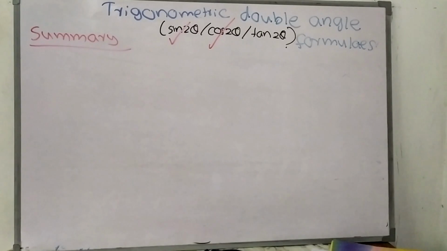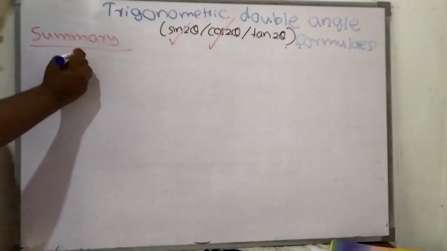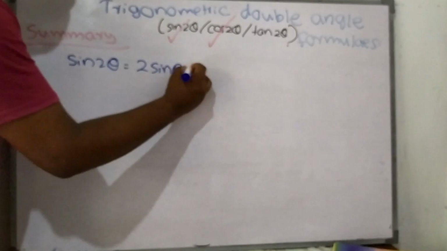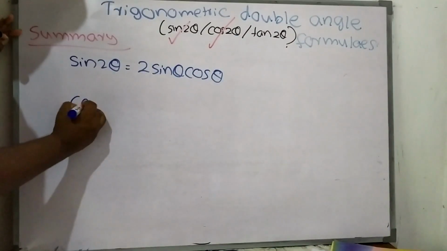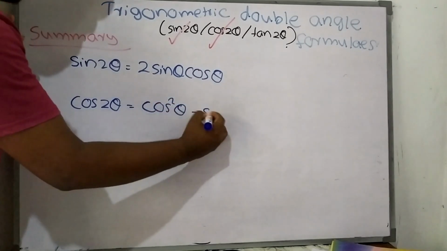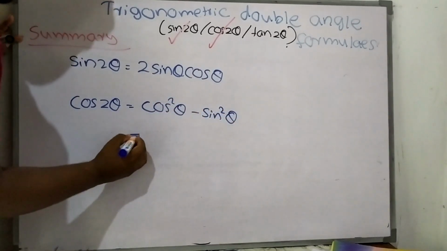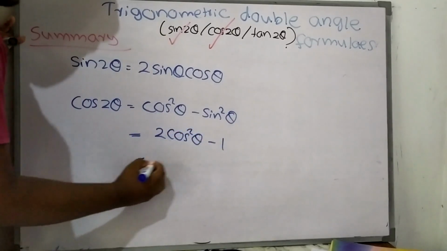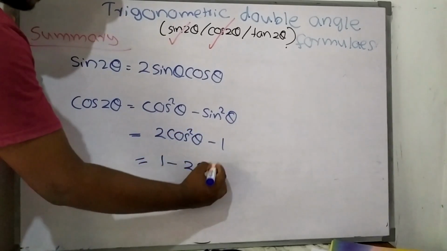Okay, then let's make a summary of the trigonometric double angle formulas. The first is sin 2 theta, which is 2 sin theta cos theta. The next one, cos 2 theta, is cos square theta minus sin square theta, or else 2 cos square theta minus 1, or else 1 minus 2 sin square theta.